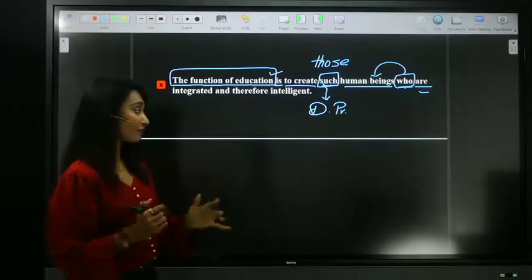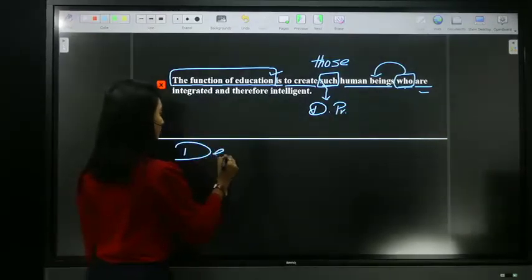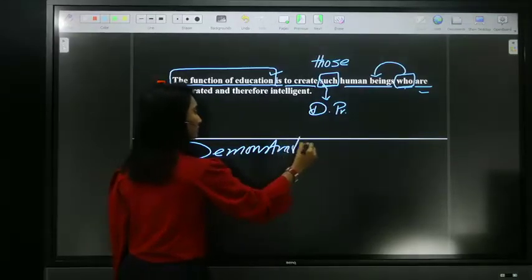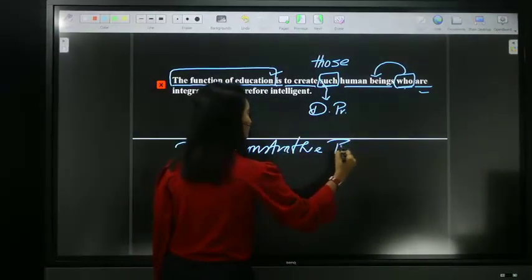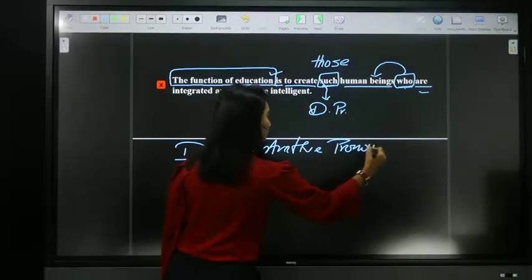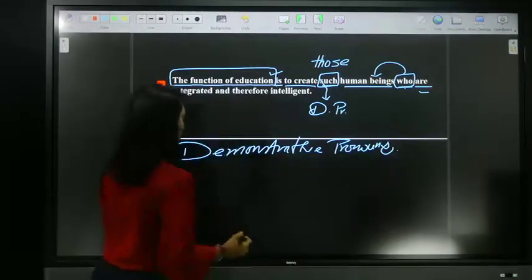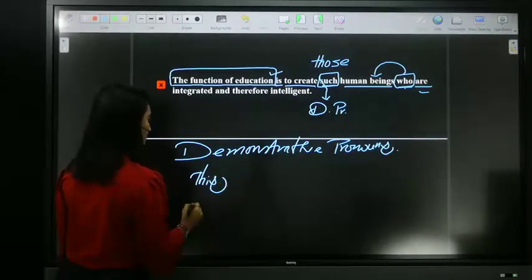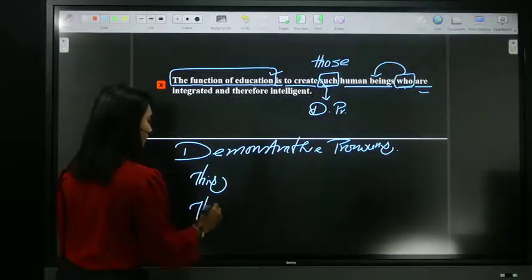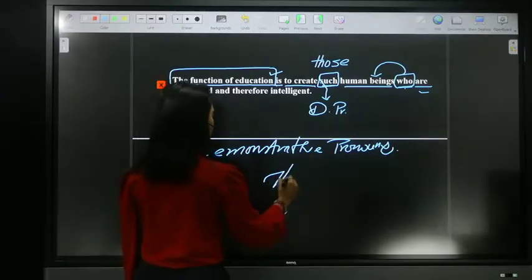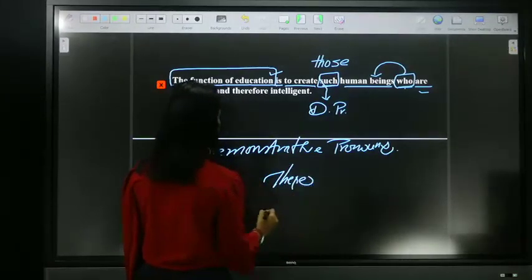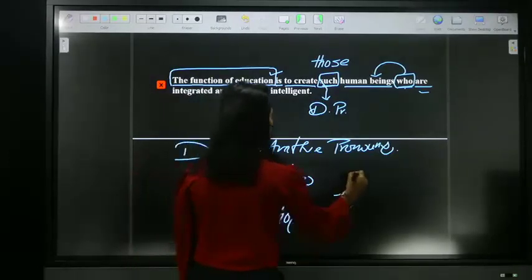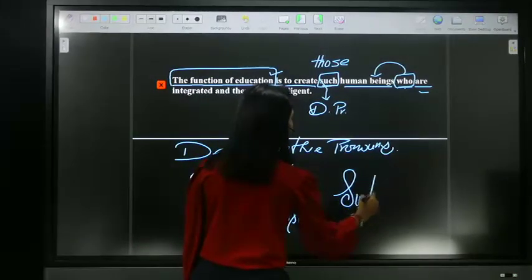So we have five demonstrative pronouns, and we discussed all five: this, that, these, those, and such.